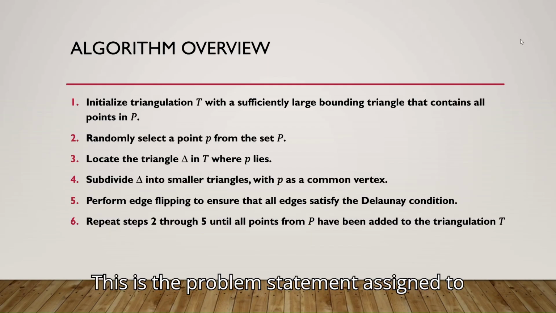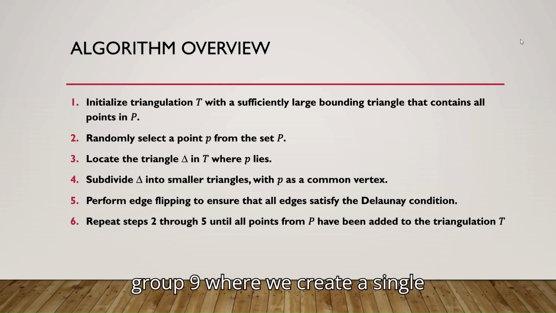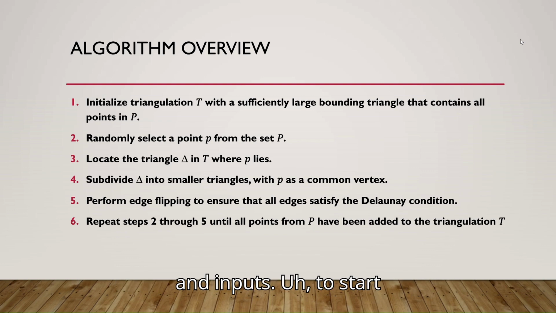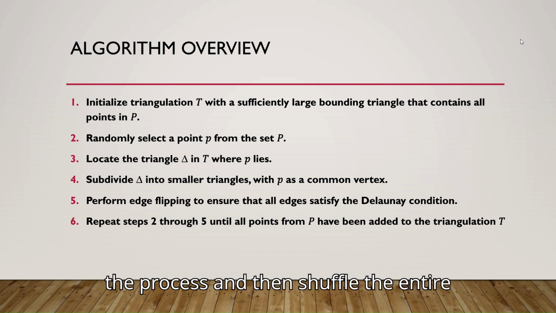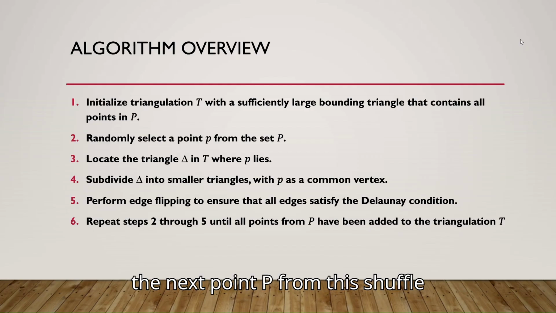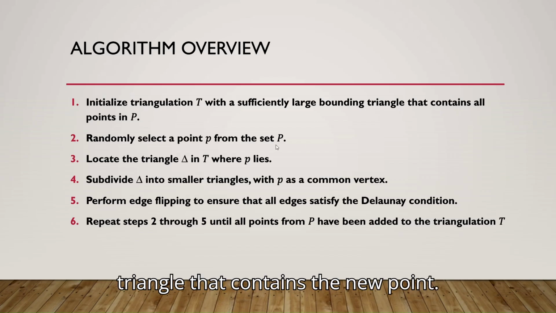This is the problem statement assigned to Group 9, where we create a single massive super triangle that encloses all n inputs to start the process, and then shuffle the entire input set into random order, then select the next point P from this shuffle list, and then search the current triangulation T to find the specific triangle that contains the new point.